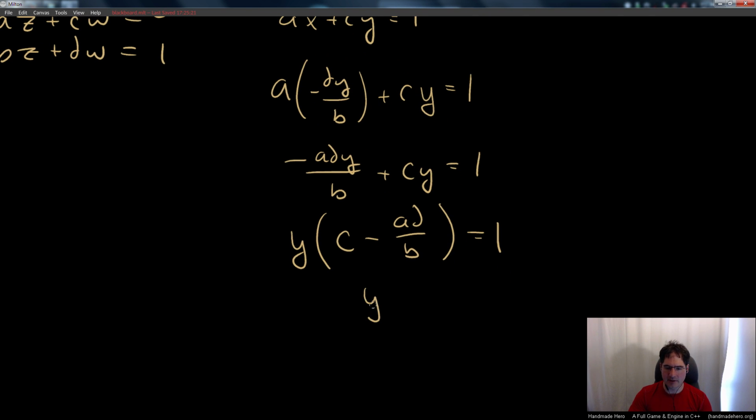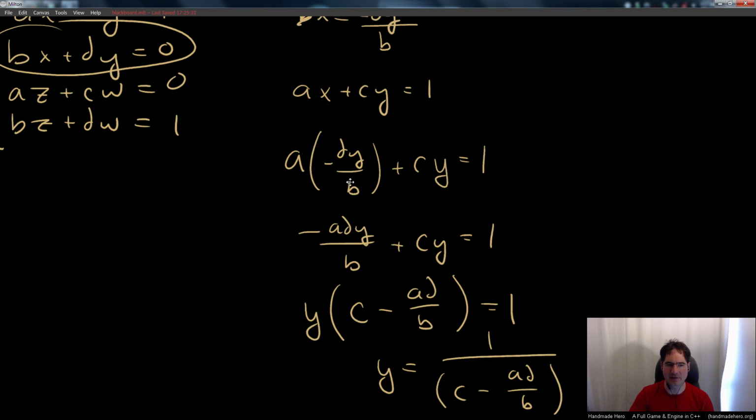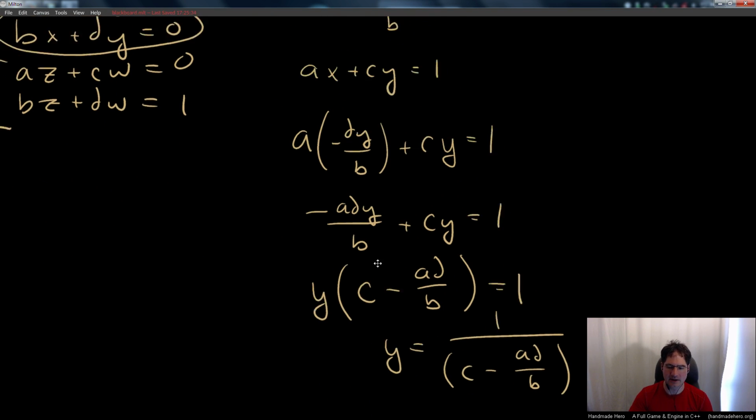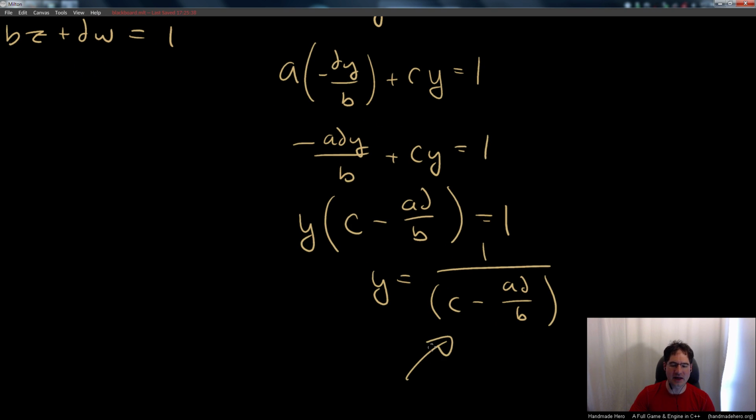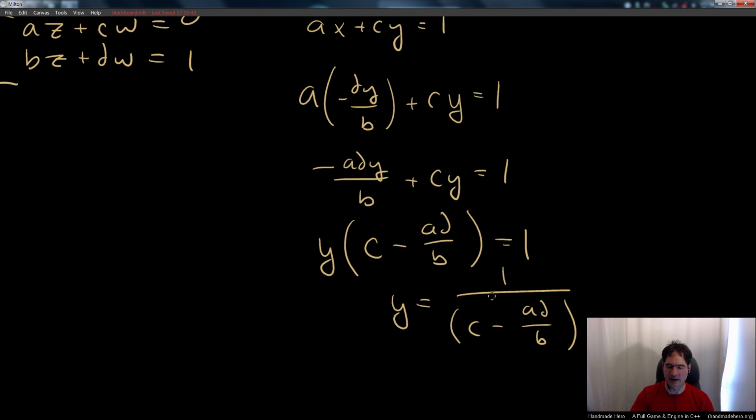And then I am left with the actual answer for what y is, which is y equals 1 over c minus ad over b. Now, big caveat, that's if I didn't make a math mistake. I'm awful at doing math by hand. So what I should say is it's something like c minus ad over b, modulo the math errors that Casey probably had along the way.